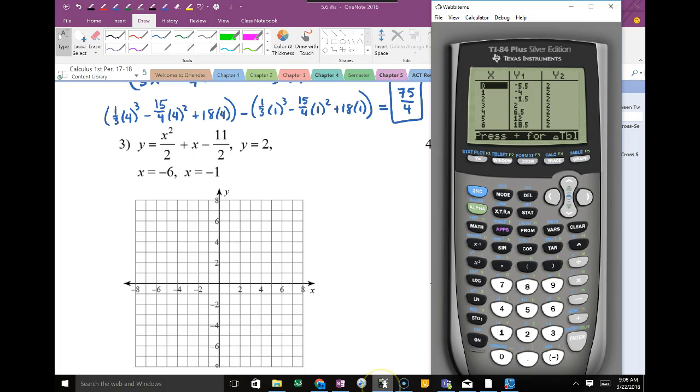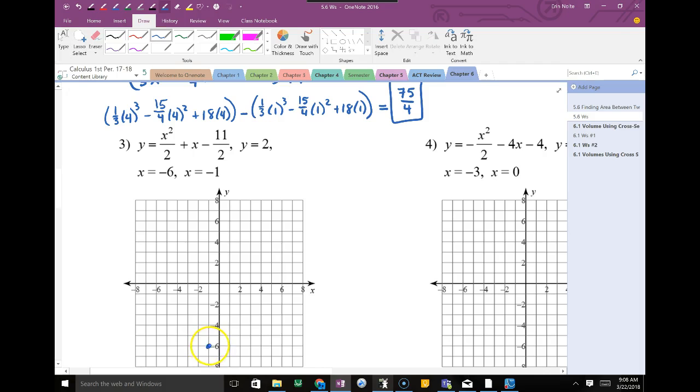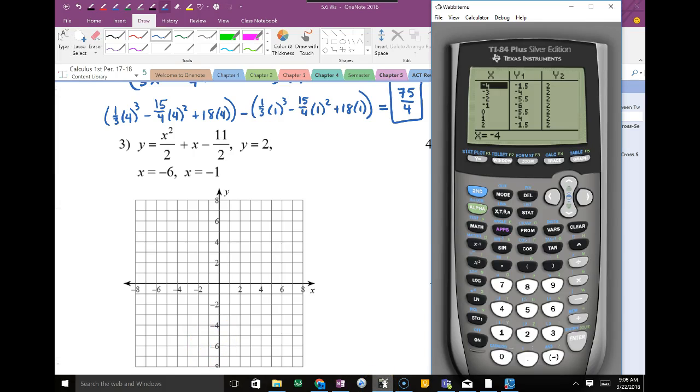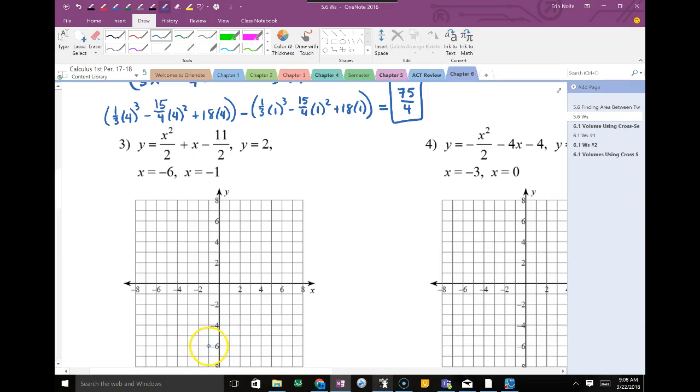Okay, so what are the points we got? So we're going from -1. I'm going to go up so I can get those points down here. -1 is at -6. Why is it not drawing?